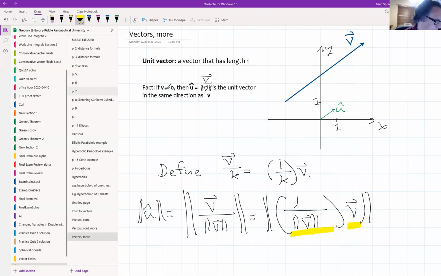So the length of that is the absolute value of the scalar times the length of the vector.